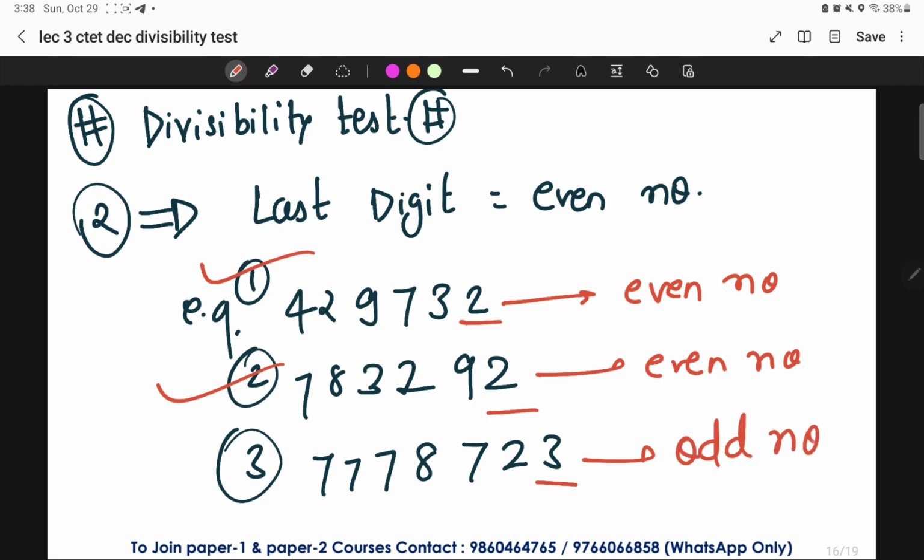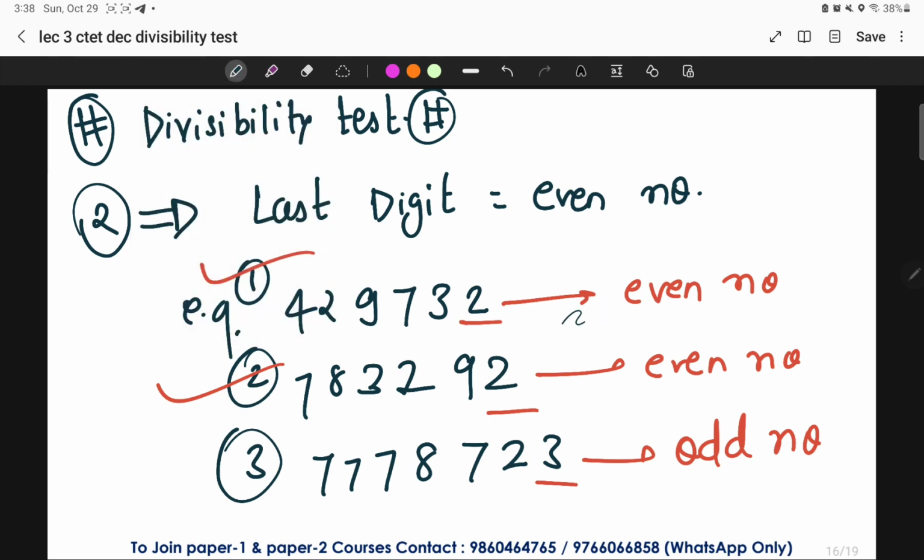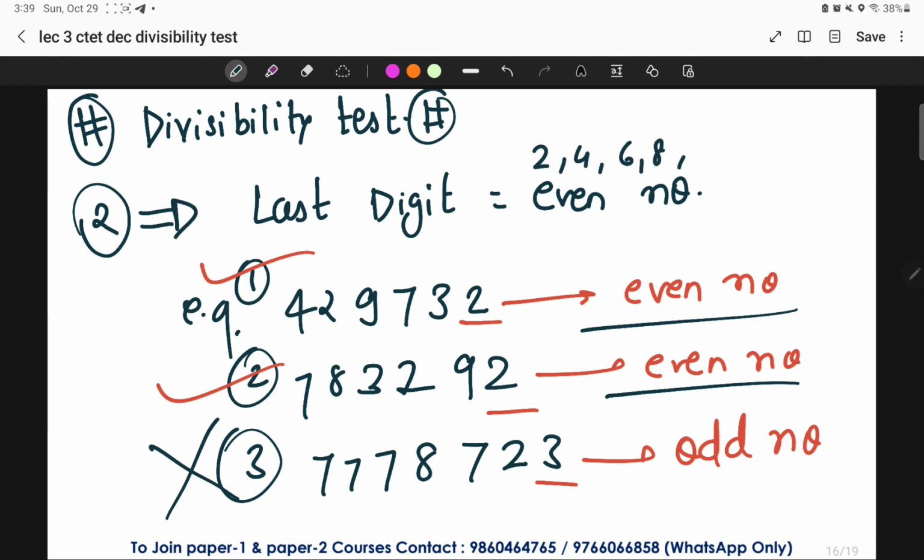So we can clearly state that examples 1 and 2 are divisible by 2, but the third one is not. If the last digit is an even number, that is 2, 4, 6, 8 and so on, then the number is divisible by 2. I hope you got this.